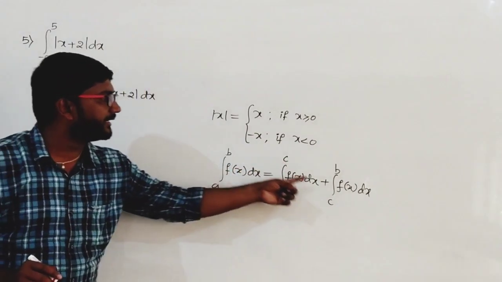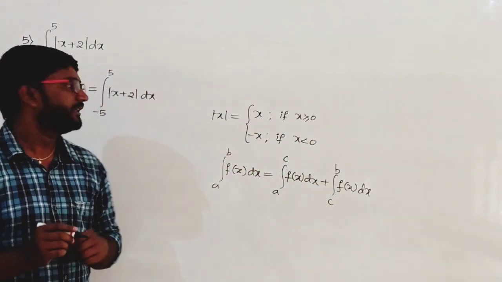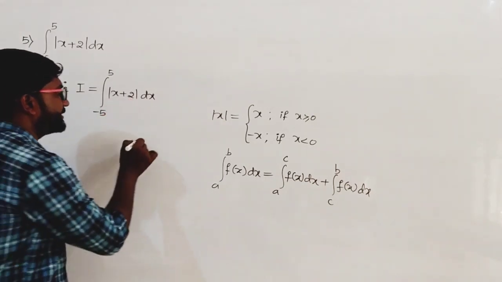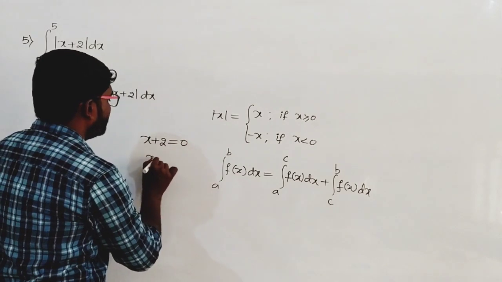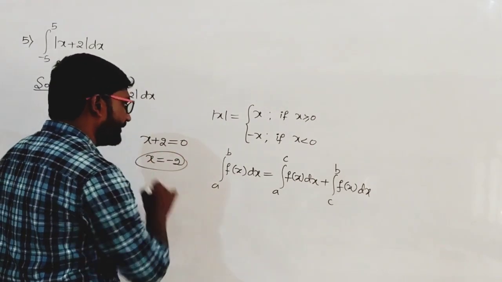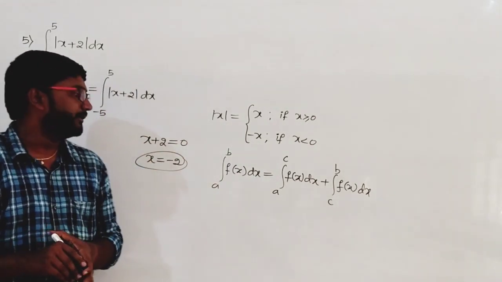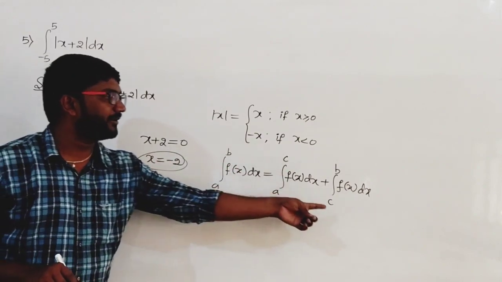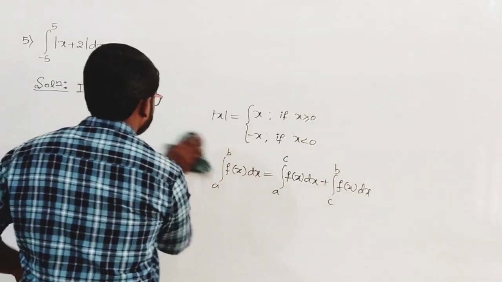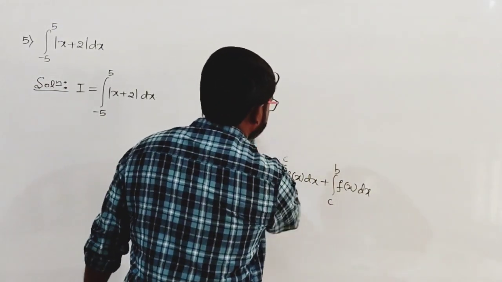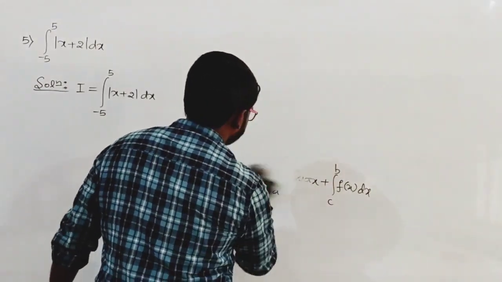What about the intermediate limit c? If you equate x plus 2 with 0, we get x equal to minus 2. So minus 2 is going to be the value of c. Let us go ahead with the solution, taking c as minus 2.